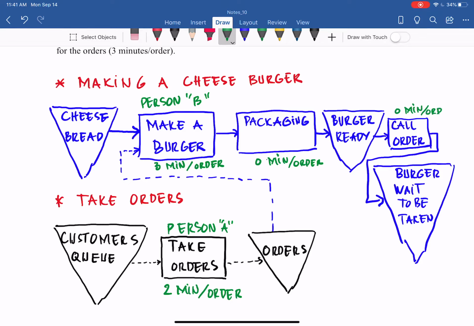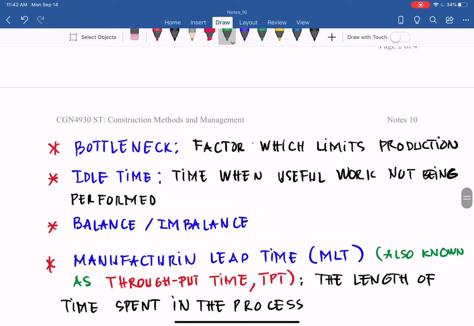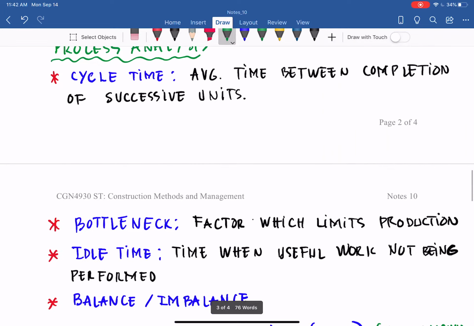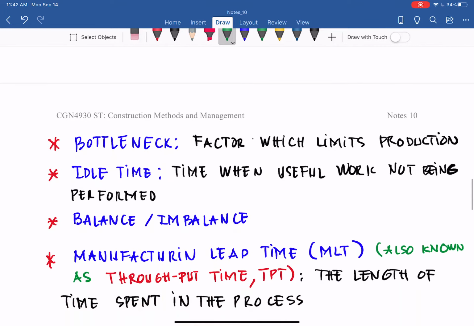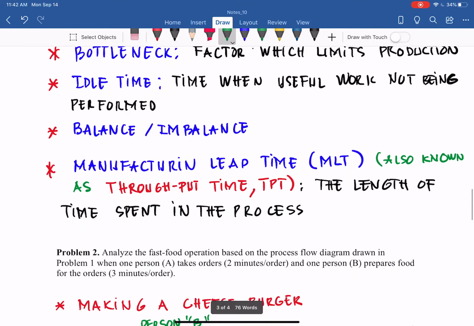It will be fast, right? Just call the number, so the time can be neglected. With that, we want to analyze this process by determining the bottleneck, the cycle time, the idle time, the capacity, and the manufacturing lead time.